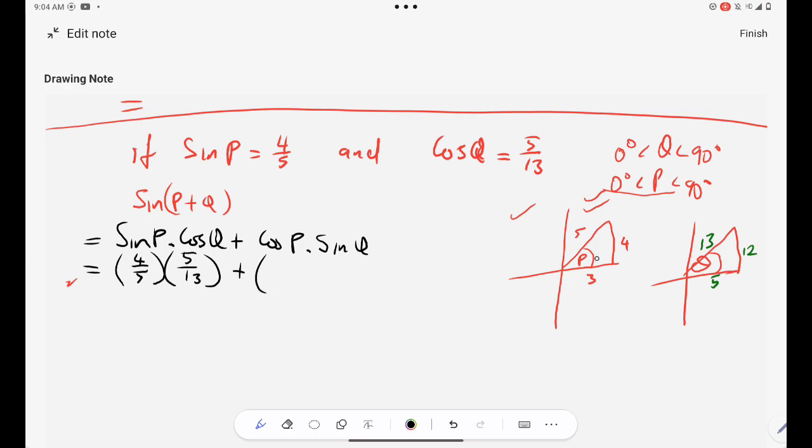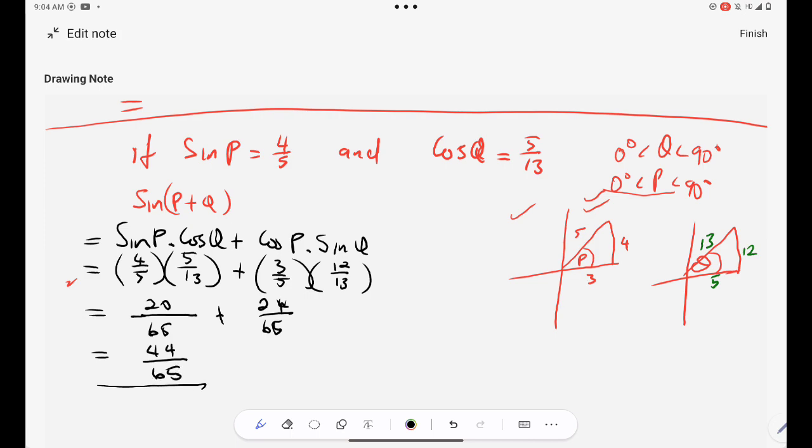Cos of angle P is 3 over 5, and then sine of angle Q is 12 over 13, and then I'll have 20 all over 65 plus 24 all over 65. So this thing will give me 44 all over 65.